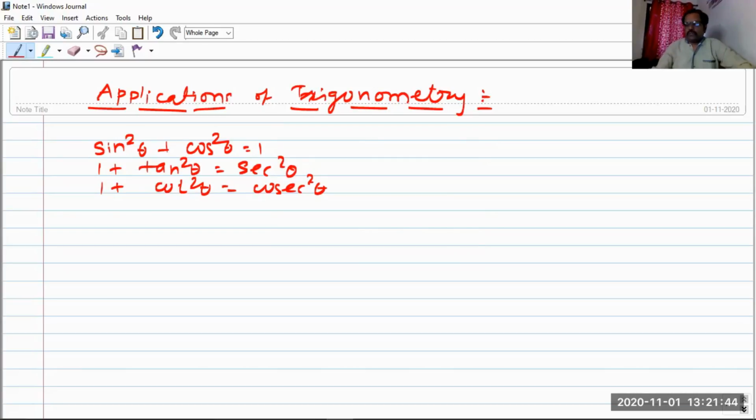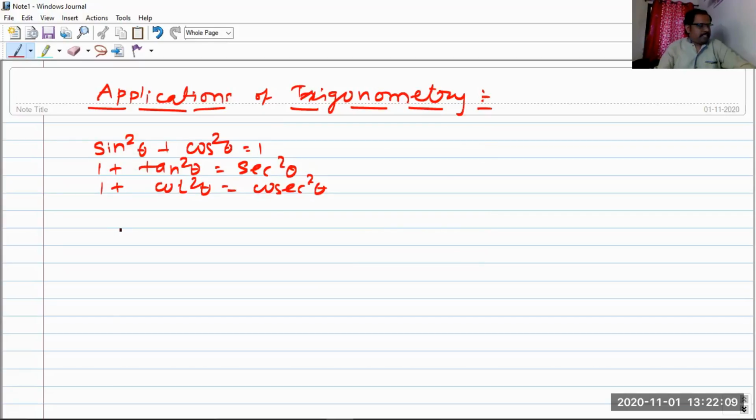So today we are going to see the applications of these trigonometric ratios. The trigonometric ratios are sin theta, cos theta, tan theta, then their reciprocals cosec theta, sec theta and cot theta respectively. So what are the applications? How to use these trigonometric ratios in our day-to-day life?